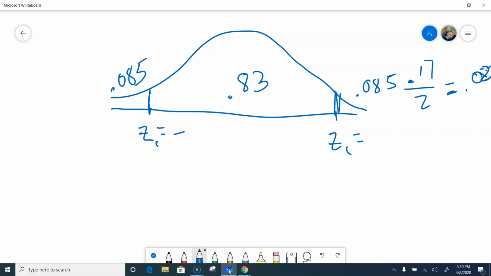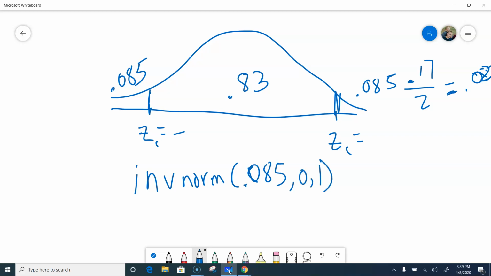If you remember a couple chapters ago, we could find these z-scores that had a particular percentile with our inverse norm feature on the calculator. If I do inverse norm 0.085, with a mean of 0 and a standard deviation of 1, that will get me there.